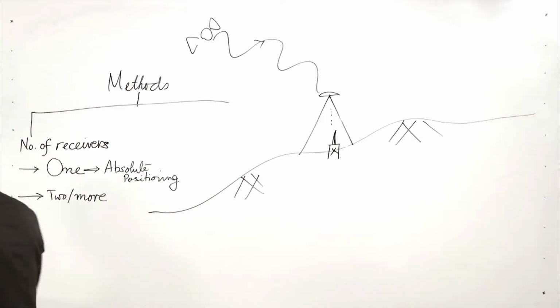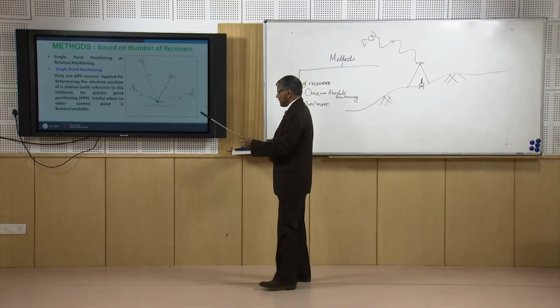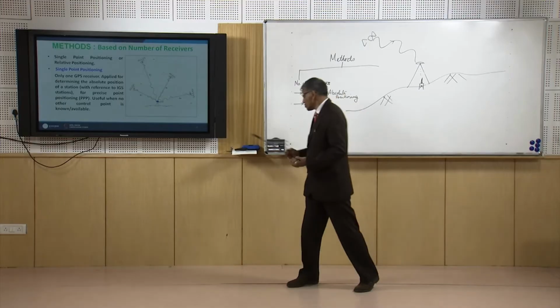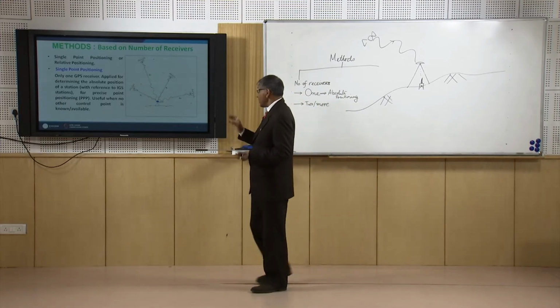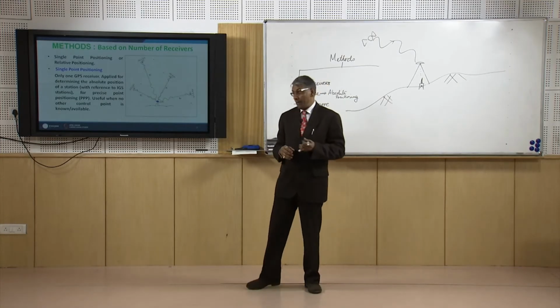Here you can see in this slide the instrument is set up at this point and only one receiver is being used, and this receiver is receiving signals from at least 4 satellites. So, this is an absolute method of positioning. This type of positioning method is used when there is no other point whose position is known.